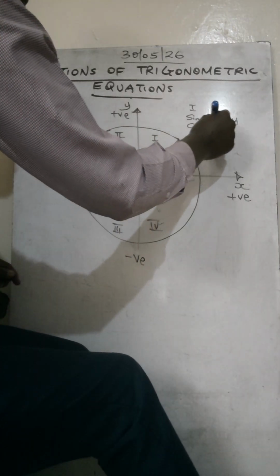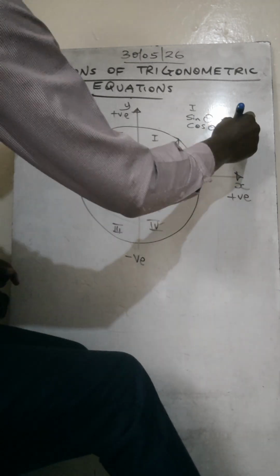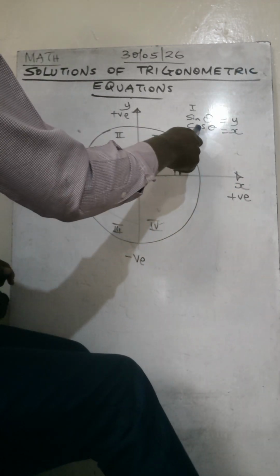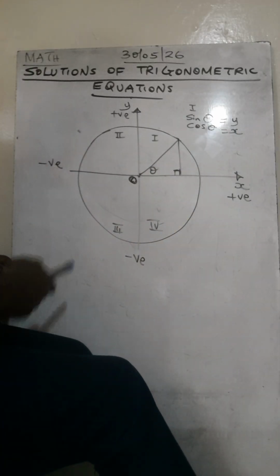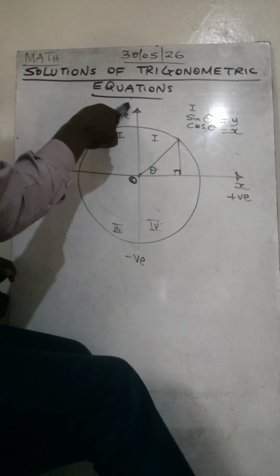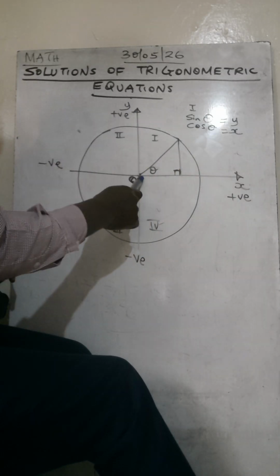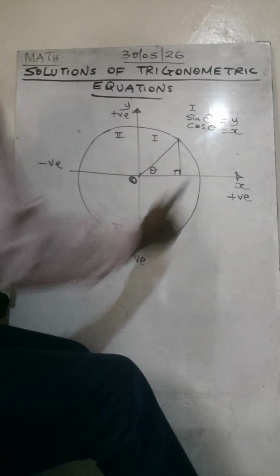Cosine of theta is given by change in x values from the previous videos we did. I told you cosine of theta is change in x values. Now, since we are in the first quadrant, y is positive, x values are positive. So cosine value is positive, sine value is positive.